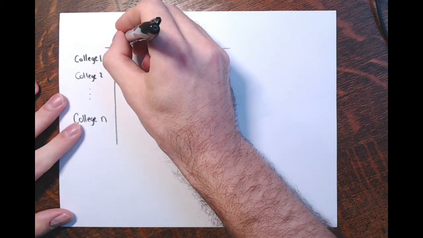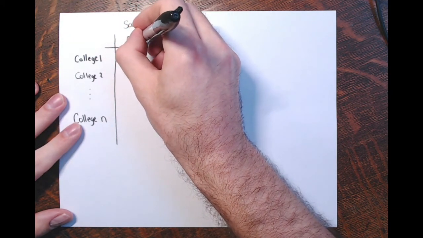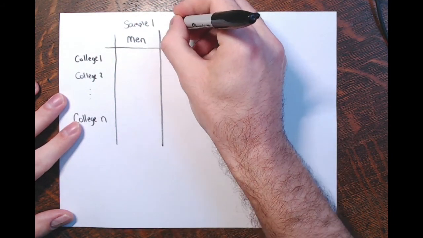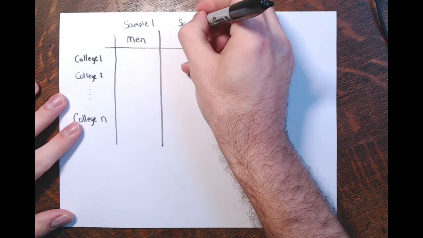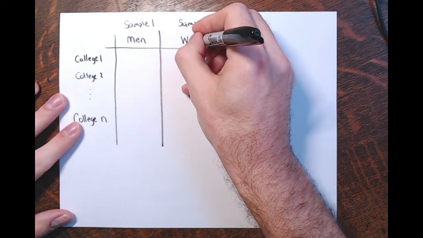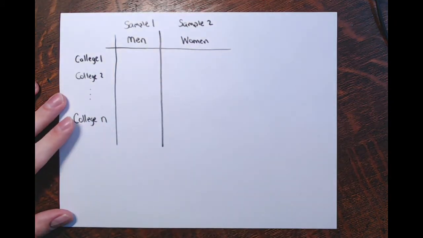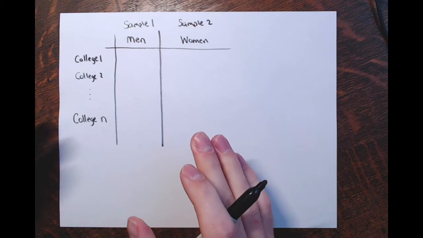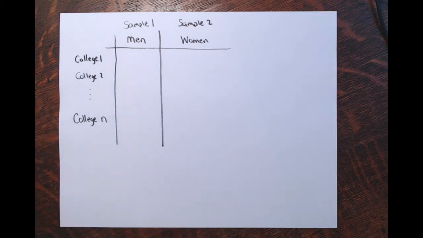So the degrees awarded to men, and then the second sample is degrees awarded to women by these colleges. Again, the only way these numbers make sense is if it's maybe the average number of degrees awarded to women per department.